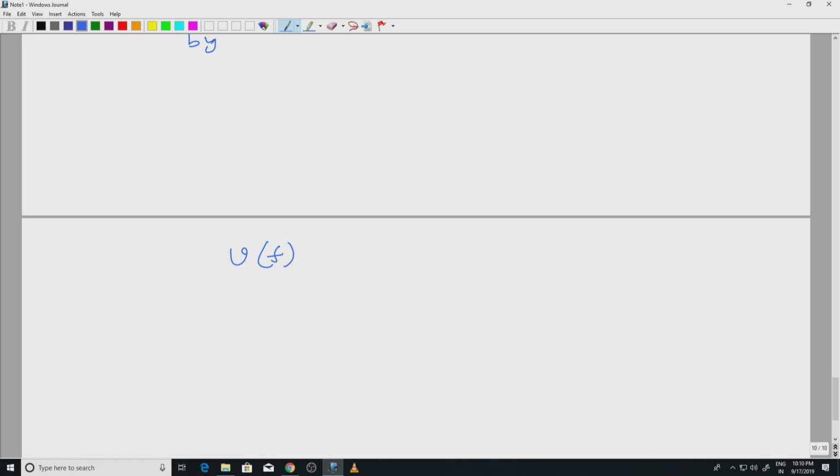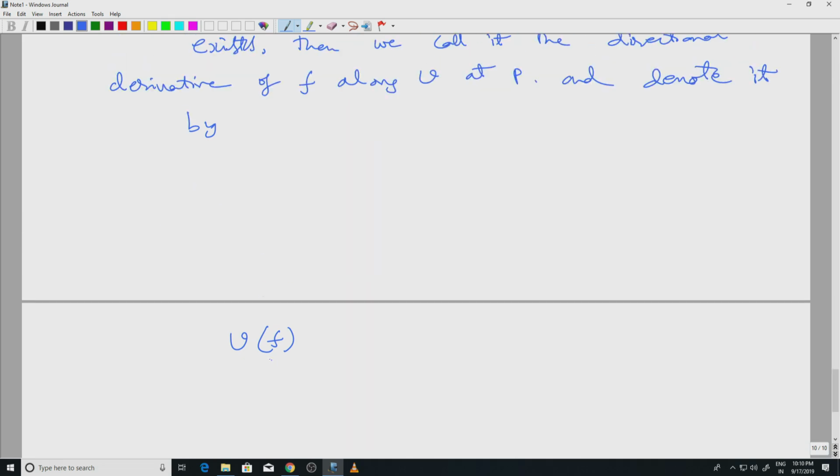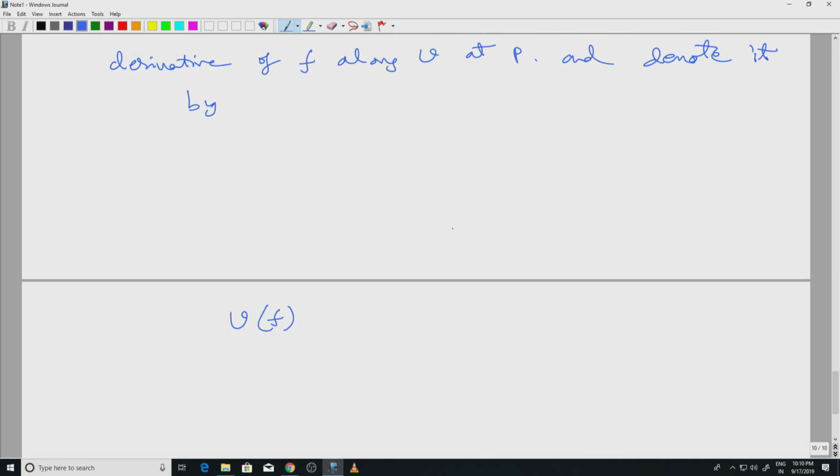In this notation the subscript p is not making an appearance. Ideally it should, but in the context that I'm going to be talking about, it will not be necessary to refer to the point p. So let me just leave it like this, and observe that if I take v to be an element of the standard basis, then I recover partial derivatives.